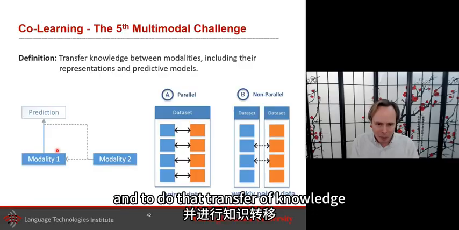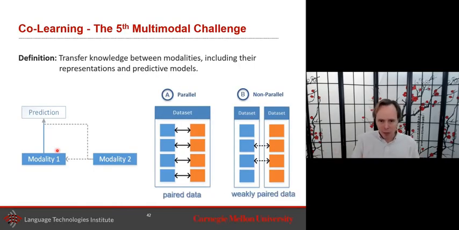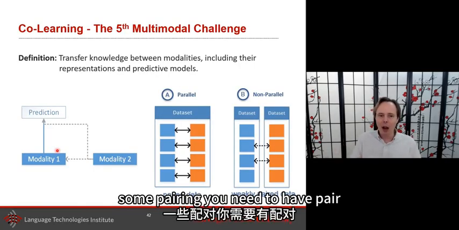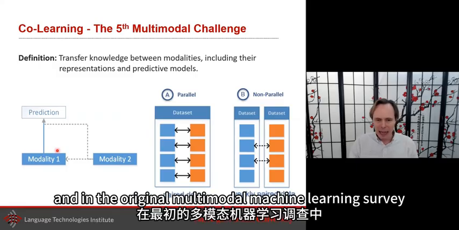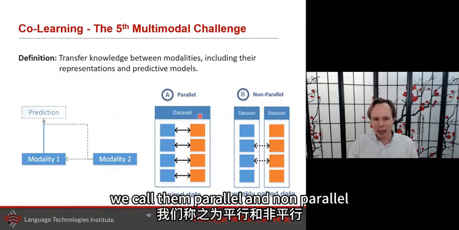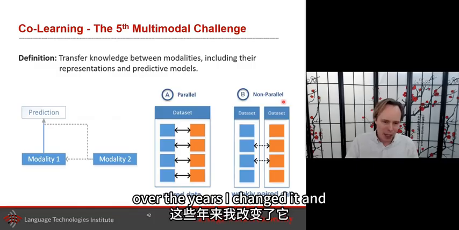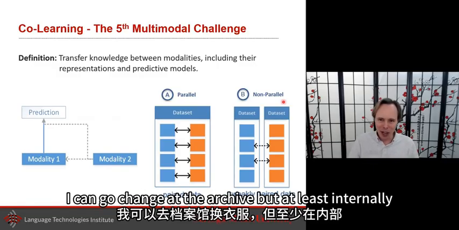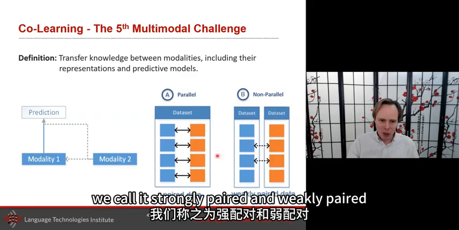And to do that transfer of knowledge, you will need some pairing. You need to have paired data. In the original multimodal machine learning survey, we called them parallel and non-parallel. Over the years, I changed it, and I can go change it at the arXiv, but at least internally, we call it strongly paired and weakly paired.